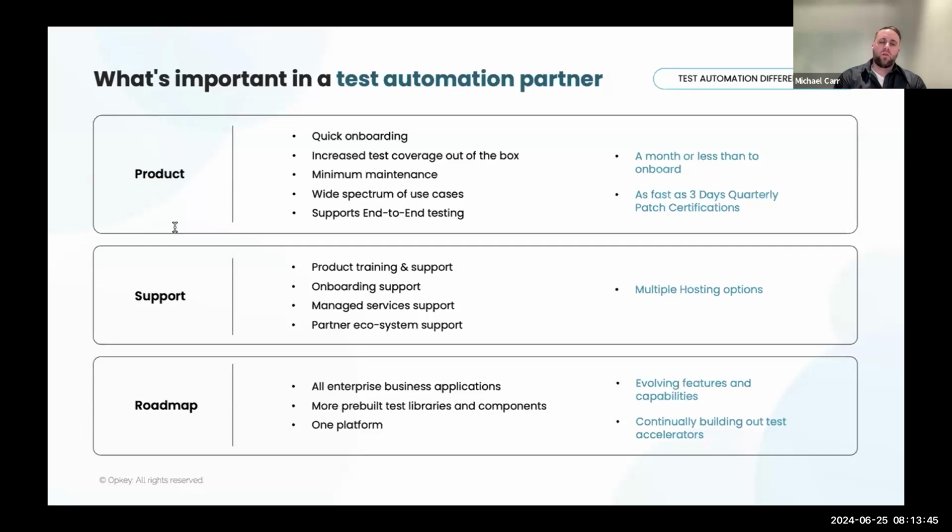So starting with what comes with the product, what are you getting with the Opkey product? Some of the highlights here are standing up an automation suite faster than most. What we find is that with some of our competitors, you might be looking at a couple months timeline of getting an automation suite stood up, where we find a lot of our clients are onboarded in about a 2 to 4 week time frame.